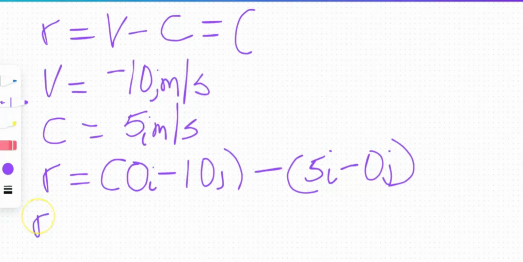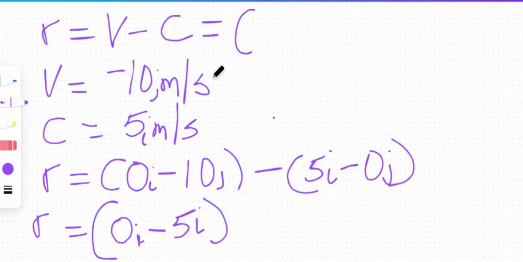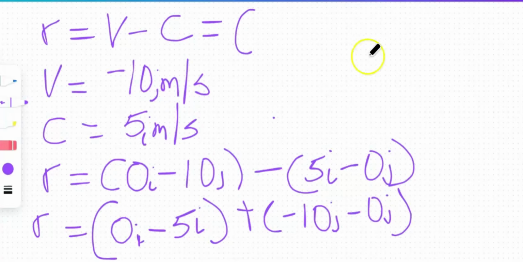So r will be equal to 0i minus 5i, then 10j minus 0j.